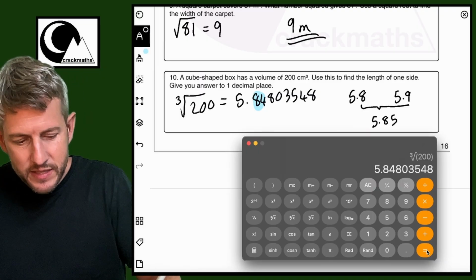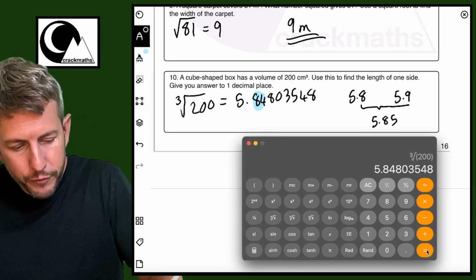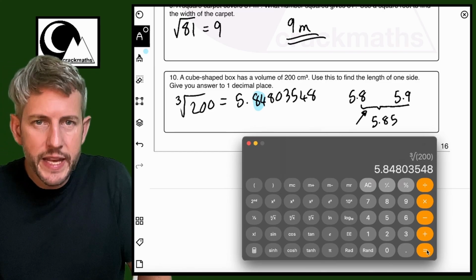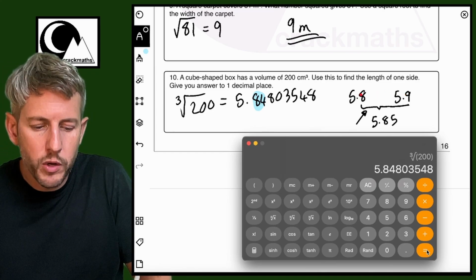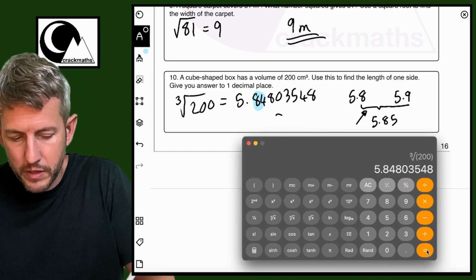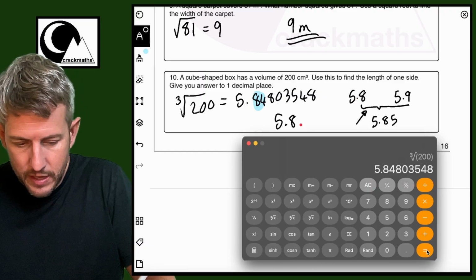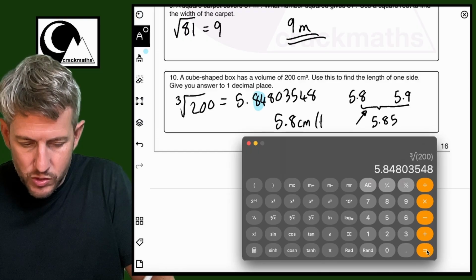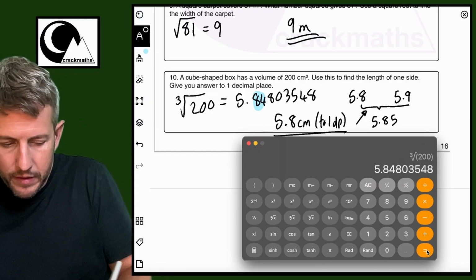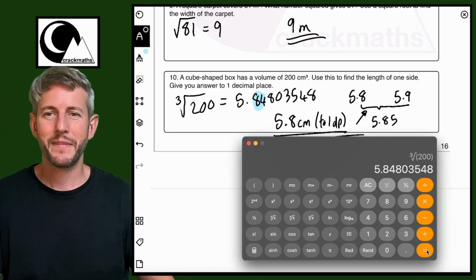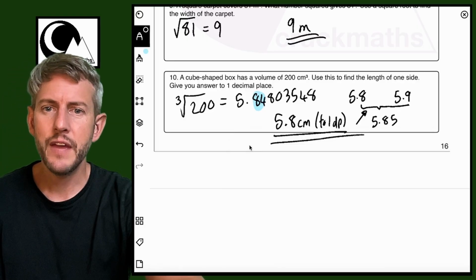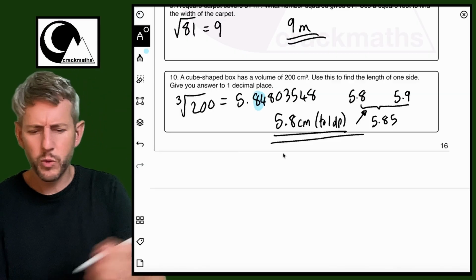So that means this number here that we've got falls on this side of our number line, which means to the nearest 1 decimal place, it's closer to the 5.8. So I'm going to write here 5.8 cm to 1 dp, and then just underline that there. And that is that.